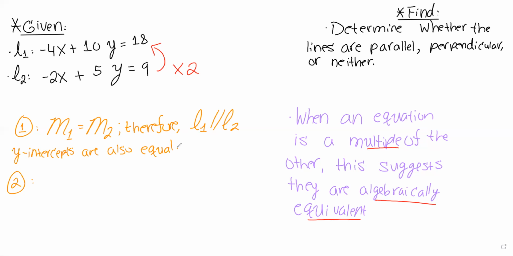They are the same line, they are identical, so the lines actually overlap. Hence, they intersect at infinitely many points.